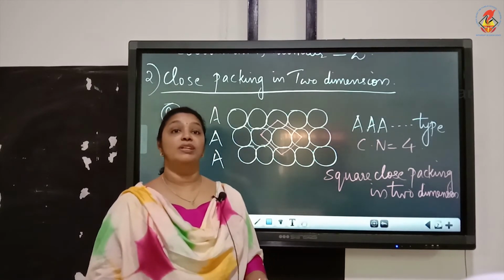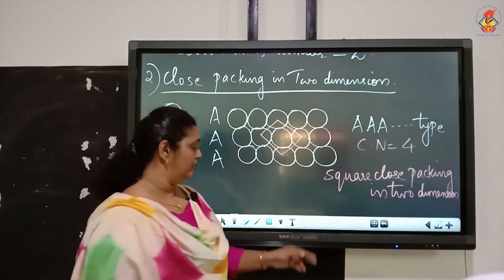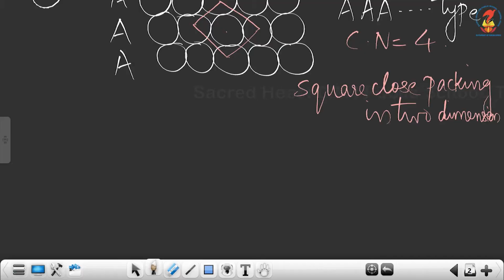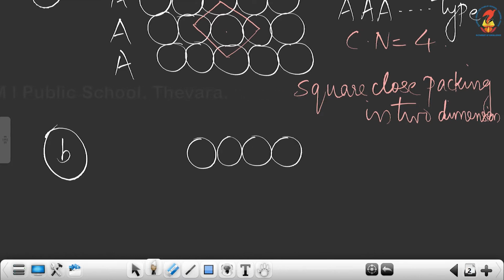Now let's see what is the second method of arranging the spheres. So this was A. Now we are going to discuss B. In the second method, I have first the one-dimensional close packed structure, that is the spheres in a row.